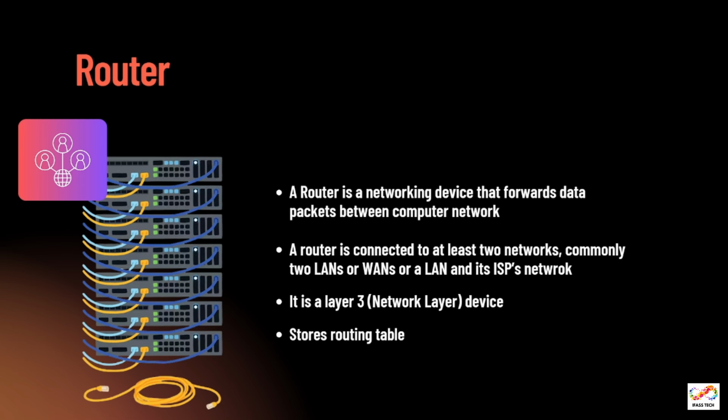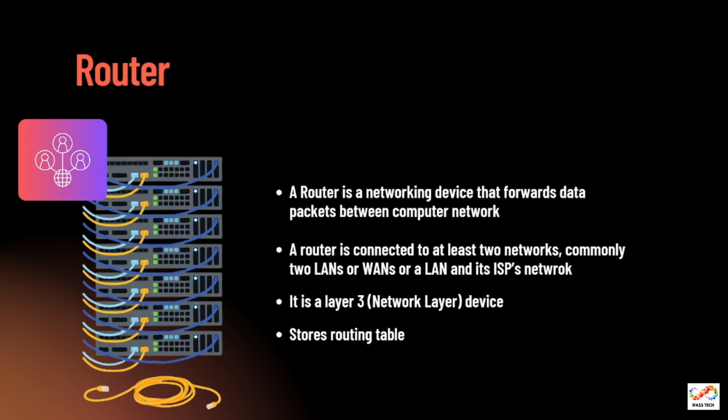Now you may ask, what is the difference between a switch and a router? Both are networking devices, but they work differently. A switch is a layer 2 device because it operates at the data link layer.